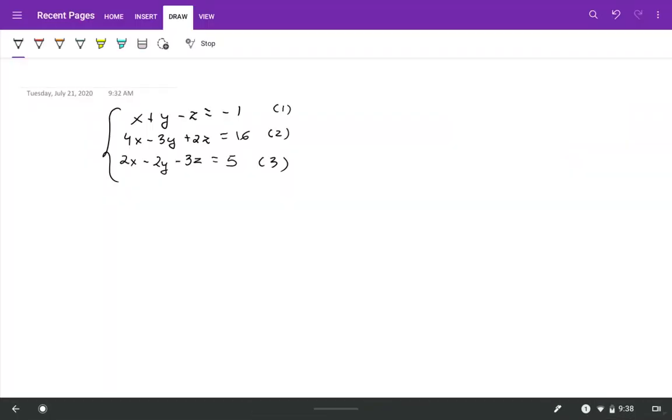Okay, so I'm going to the whiteboard and I'm going to solve the first problem. This is a system of equations with three variables. First of all, it's very important that you label each equation correctly: equation 1, 2, and 3. So you have three variables, and you want to start with the elimination method.